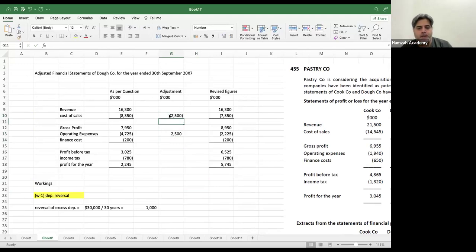And the 1,000 that we had for the reversal is going to come in over here as well. Because if the amortization is charged to the operating expenses rather than the cost of sales, it should have gone over here as well. So over here, I will simply have 8,350 plus 2,500, right? So this is what we are going to have over here. Done?